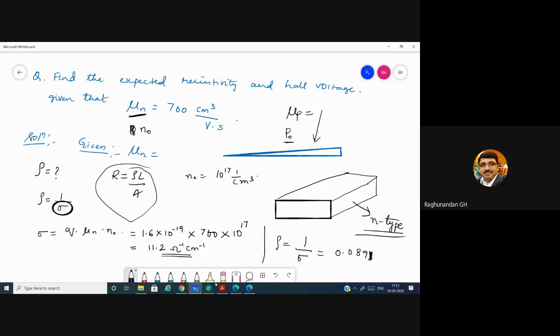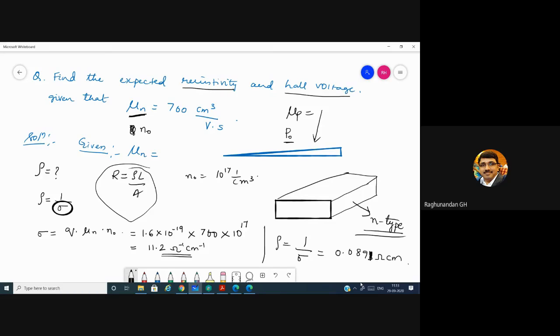Okay, 0.89. What is the unit for resistivity? Ohm centimeter. Okay, now we found resistivity.